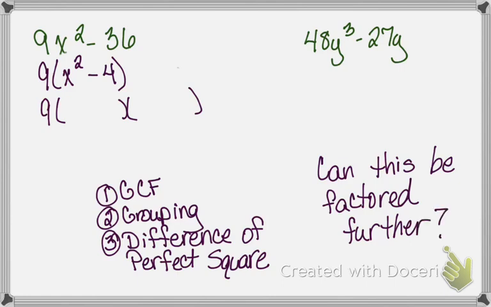Okay? X squared minus 4 is difference of perfect squares. What does x squared minus 4 factor to? X plus 2 and x minus 2. Okay, that is because x squared is perfect and 4 is perfect. That's why I do the plus 2 and the minus 2.